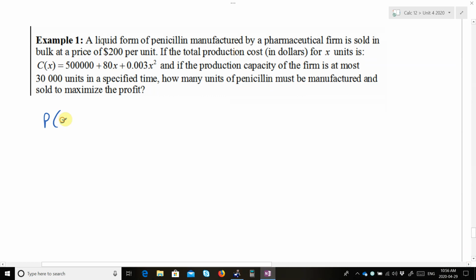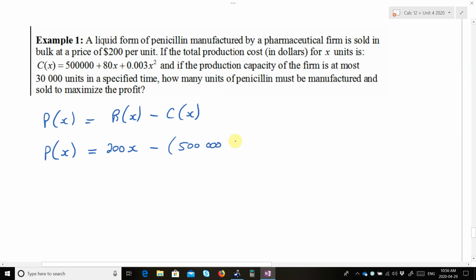Okay, so profit is equal to revenue minus cost. Revenue is number of units times the price, so $200 per unit for x units, minus the cost, which is this 500,000 plus 80x plus 0.003x squared.